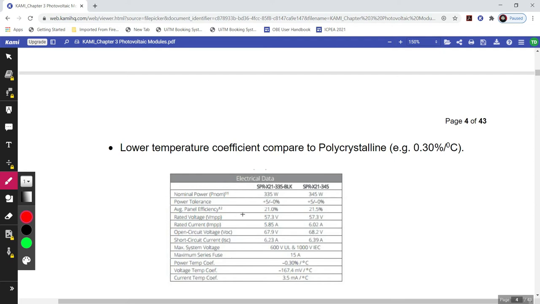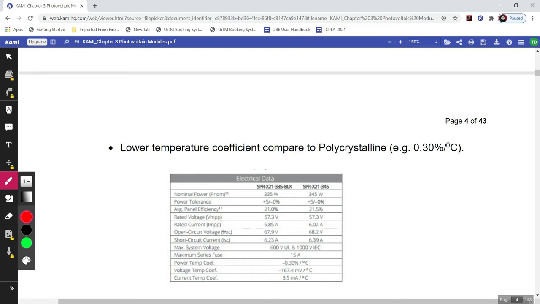Average panel efficiency is 21%, and this model 21.5%. This is the rated voltage or voltage at maximum power point, VMPP. And here is the rated current or current at maximum power point, IMPP. This model has the highest current compared to the T35 BLK.